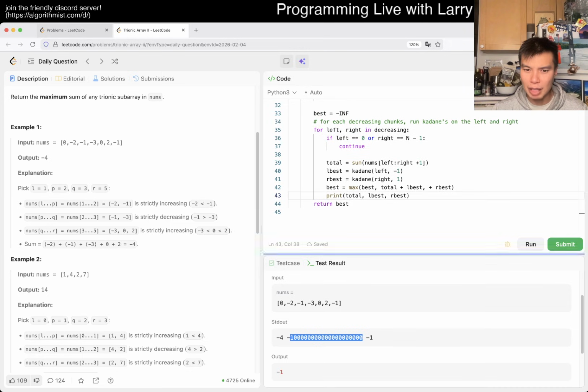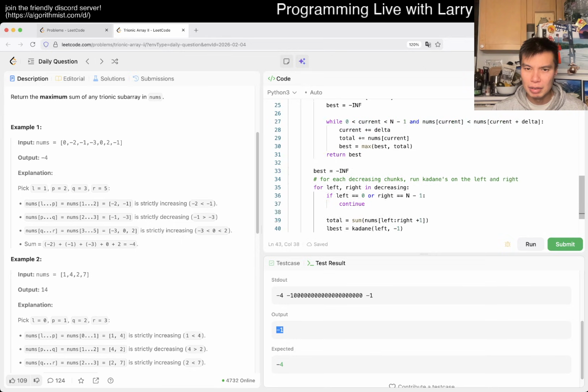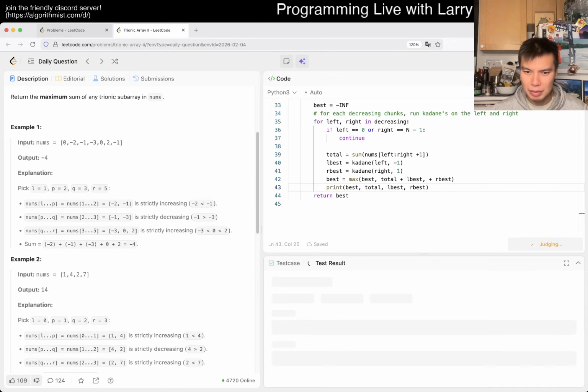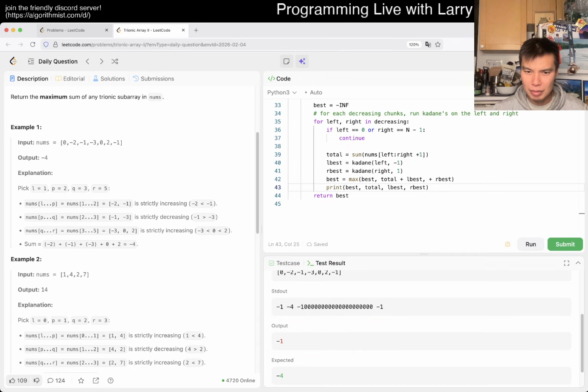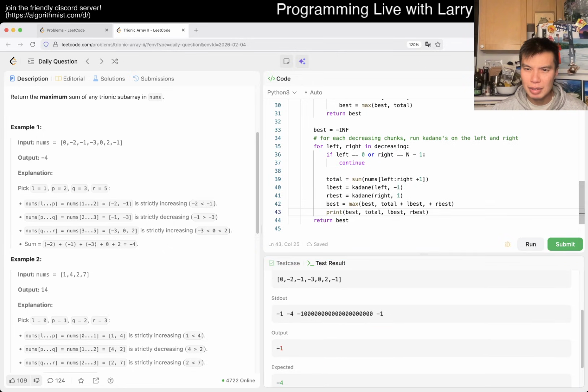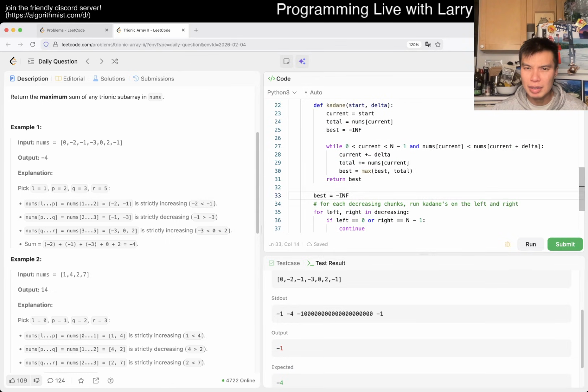Wait, then how did I get -1 as an answer in general? Negative infinity.